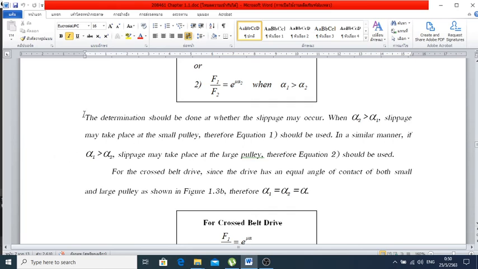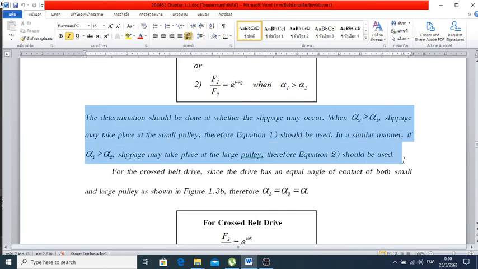Then what it says here, I will read it for you: the determination should be done at the point where slippage may occur. When alpha 2 is greater than alpha 1, the slippage may take place at the small pulley, therefore this equation should be employed. In a similar manner, if alpha 1 is greater than alpha 2, the slippage may take place at the large pulley, the subscript number 2, so the other equation should be applied.